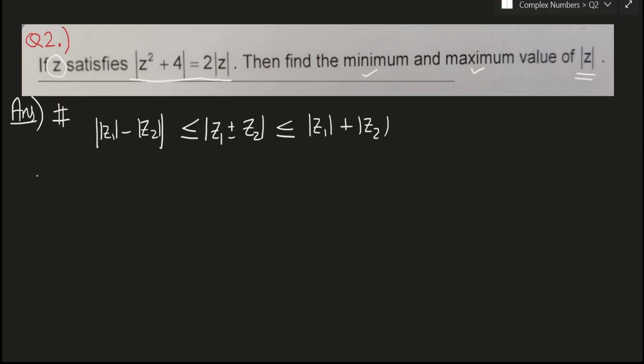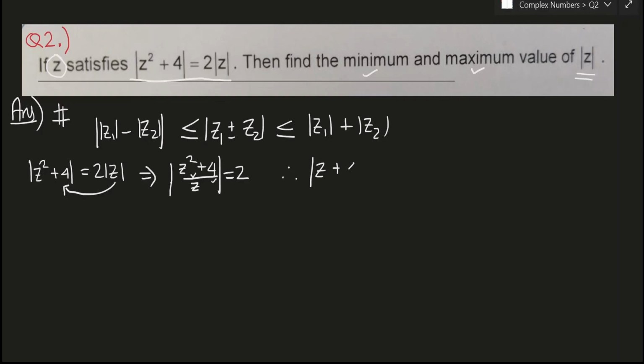So I have been given mod of z square plus 4 is equal to 2 times mod z. I'm going to bring this z on the other side and divide it all together. So what I'm going to be left with is mod of z plus 4 by z is equal to 2.